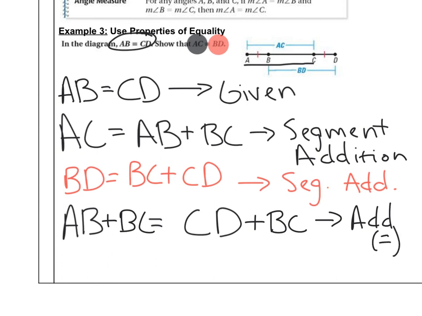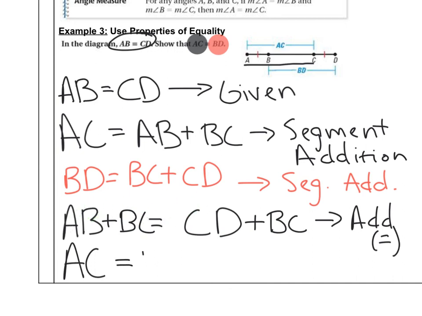Okay, so now we have, let's find my lightsaber here. So we said AB plus BC is equal to CD plus BC. Up here we said that AB plus BC is AC, and we also said that CD plus BC is BD.